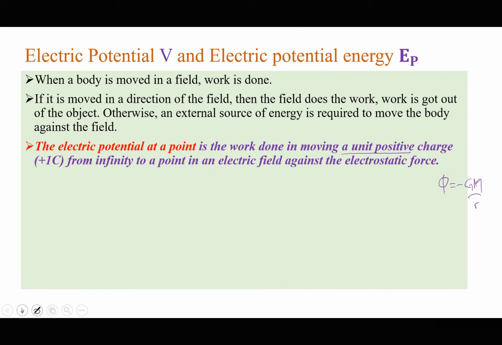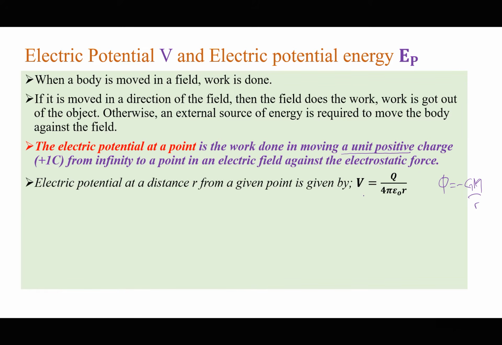So it will also be given by a similar expression. Of course, deriving this expression will not be part of this lesson. However, the math students could derive this expression by integration. The work done in moving a unit positive charge from infinity to a point in an electric field is going to be given by this expression here.